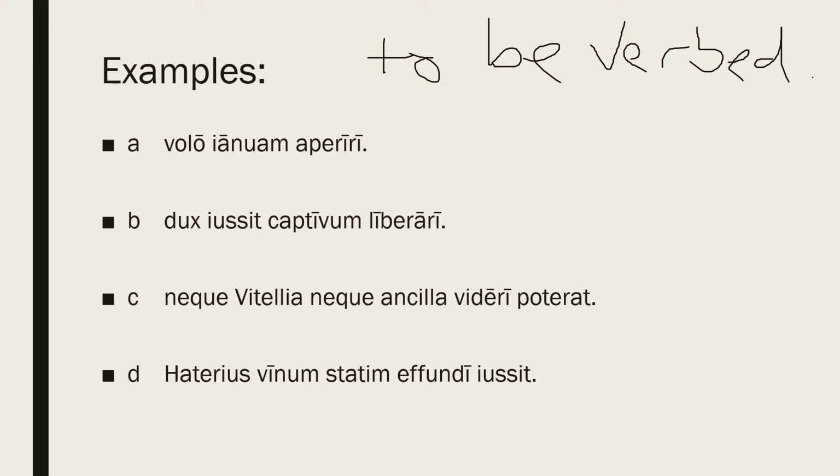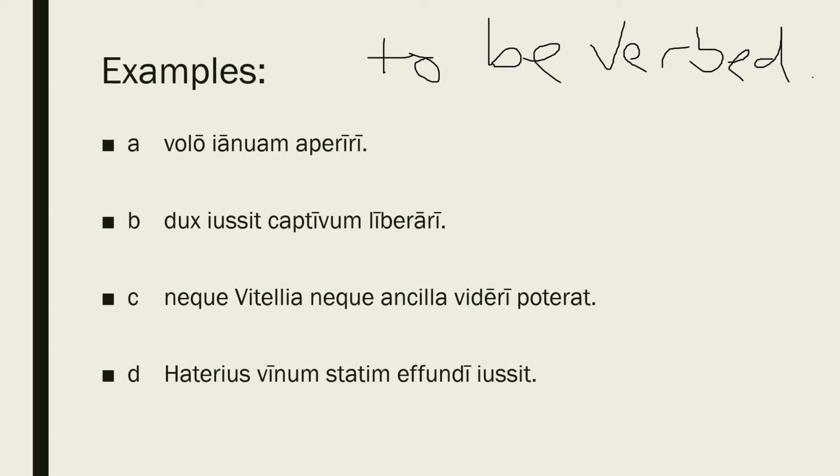Okay, I'm going to give you a second to look at this next one. All right, the leader, dux, ordered the captive to be freed. Liberari. The leader ordered the captive to be freed.